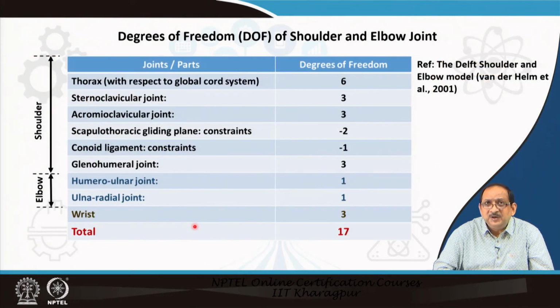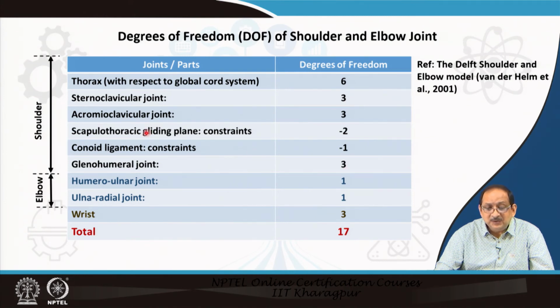So, the degrees of freedom of the shoulder and elbow joints are listed here. If we consider thorax with respect to the global coordinate system, thorax has 6 degrees of freedom, 3 rotations and 3 translations. Sternoclavicular, acromioclavicular joint as well as glenohumeral joint each has 3 rotations.